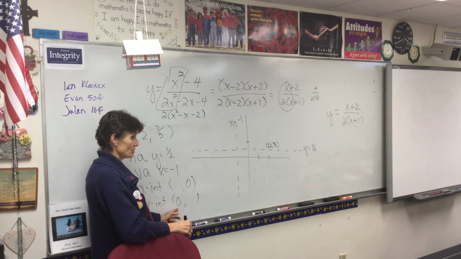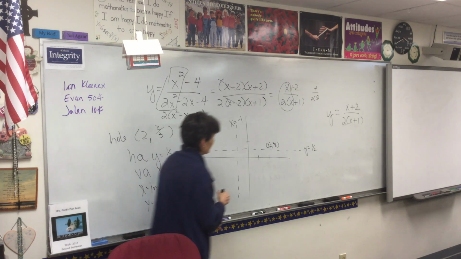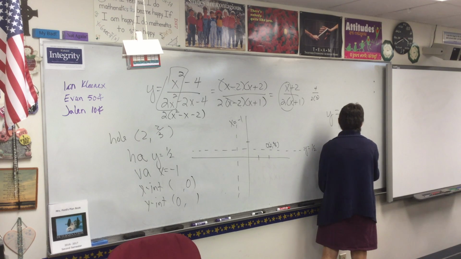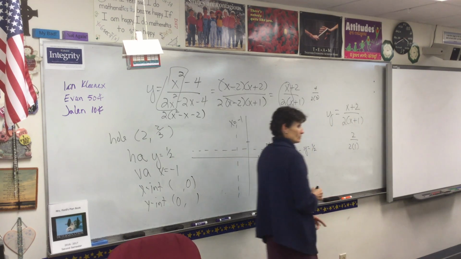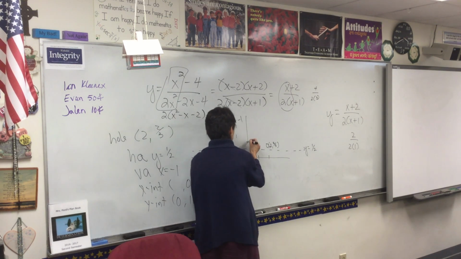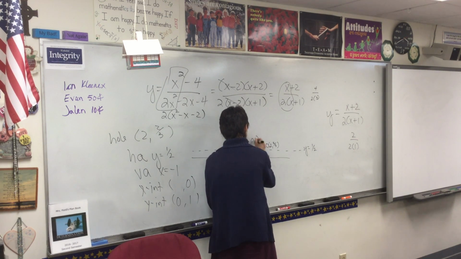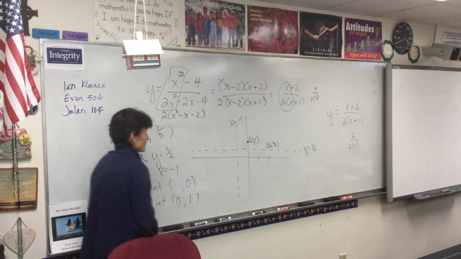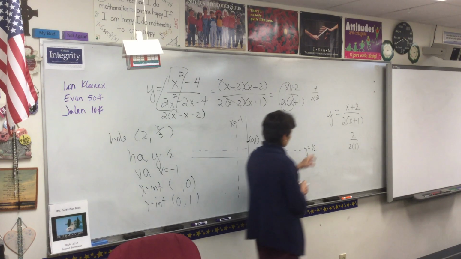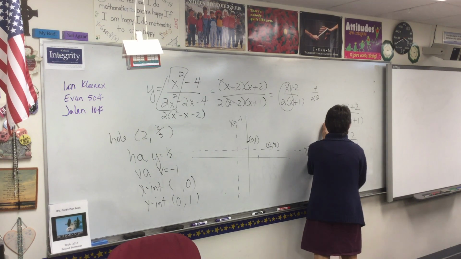That's what this says to do. Plug 0 in for x. So we would have 2 over 2? 1. So my y-intercept is 0, 1. And then for my x-intercept, I'm going to let y equal 0.